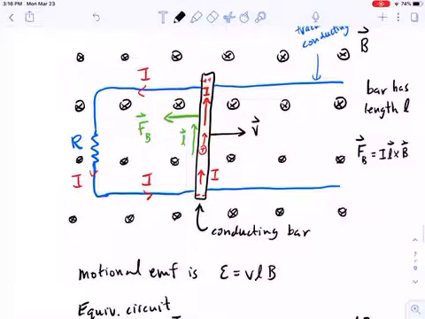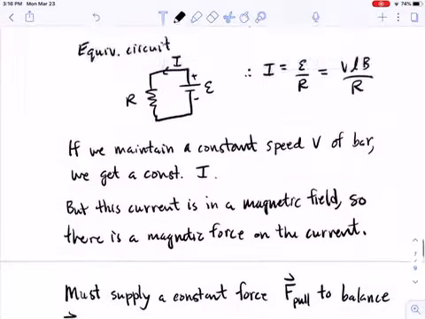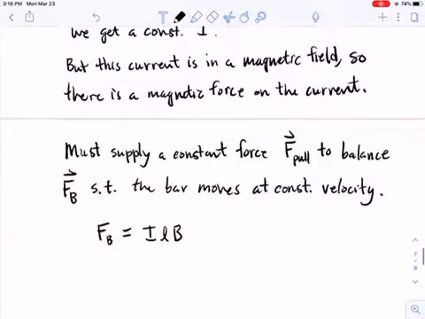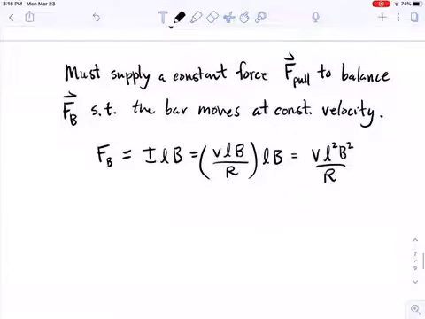It's going to be I times L times B. So the magnitude is ILB, but I was VLB over R, so that's equal to VLB over R times L times B, which is V L squared B squared over R. And so our F pull, we require F pull to have that same magnitude but in the opposite direction.